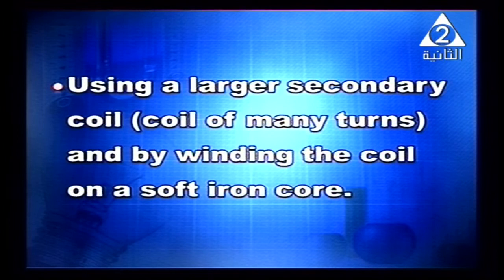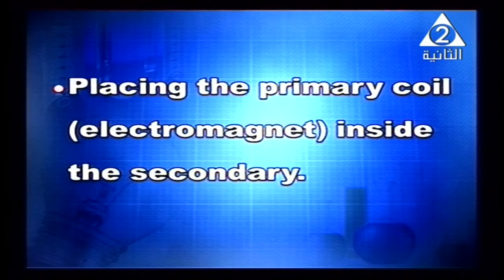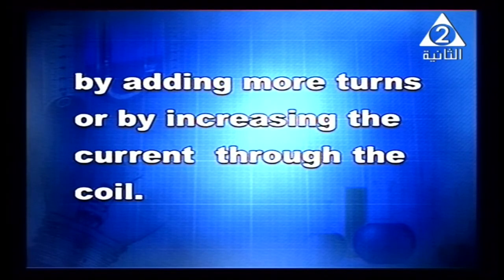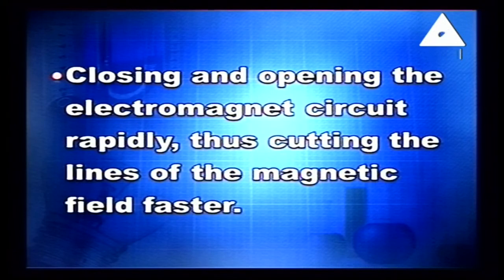This can be achieved by, first of all, using a larger secondary coil, a coil of many turns, and by winding the coil on a soft iron core, placing the primary coil inside the secondary coil, strengthening the electromagnet by using an iron core, by adding more turns, or by increasing the current flowing through the coil. Also, closing and opening the electromagnet circuit rapidly, thus cutting lines of the magnetic field faster.